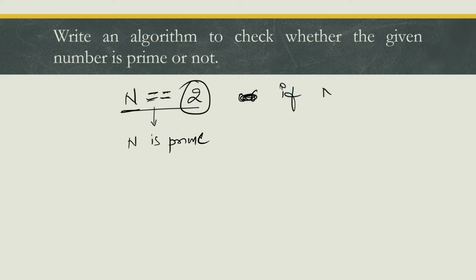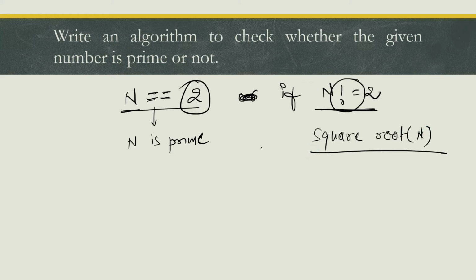If n is not equal to 2, this operator is used as not equal to. If n is not equal to 2, then we have to find the square root of n. Then we have to start dividing n from 2 to the square root of n.